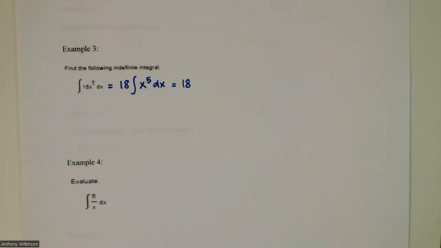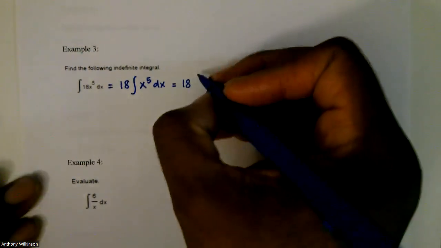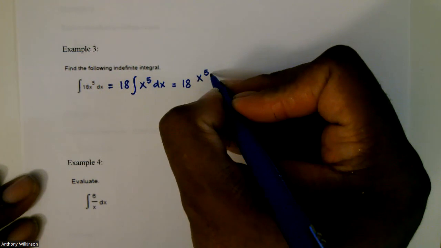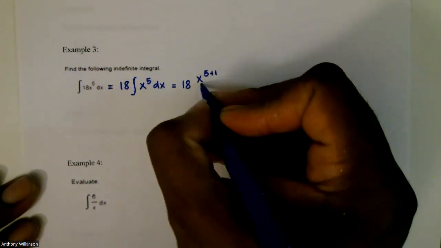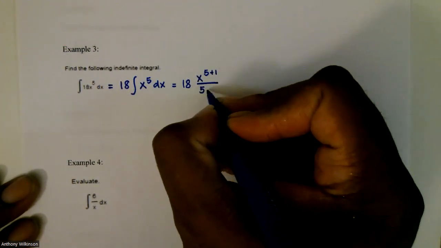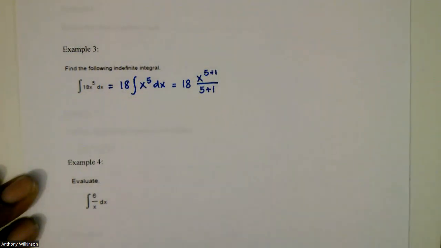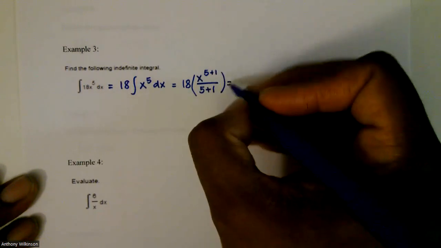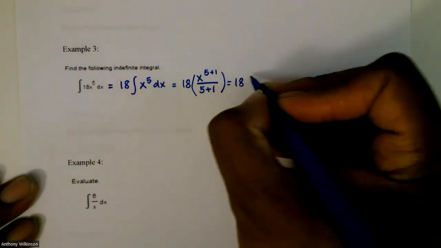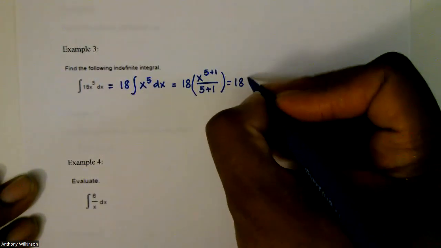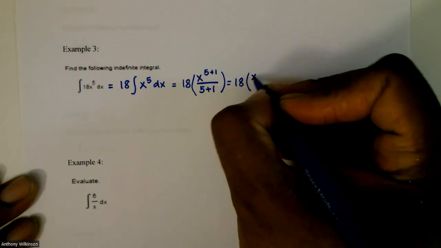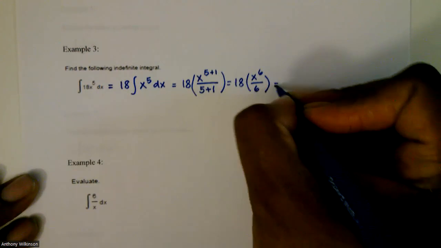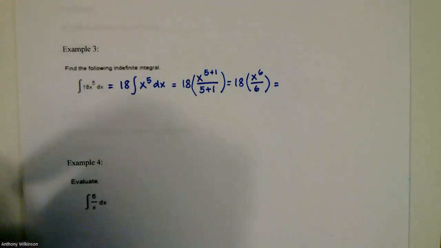So, I'm going to do this like this. I have x to the 5, and I'm going to add 1 to that, and then that's going to be divided by that new exponent, 5 plus 1. I'll put this in parentheses. So here, if I simplify this, it will be x to the 5 plus 1, which will be x to the 6, divided by 5 plus 1, which is 6. And here I can simplify this again.